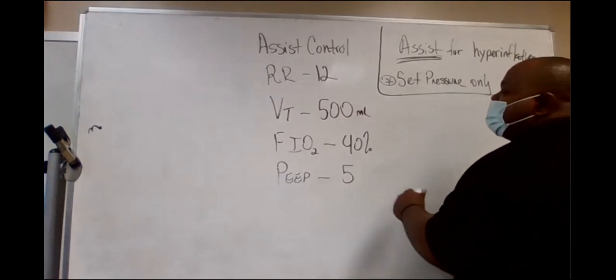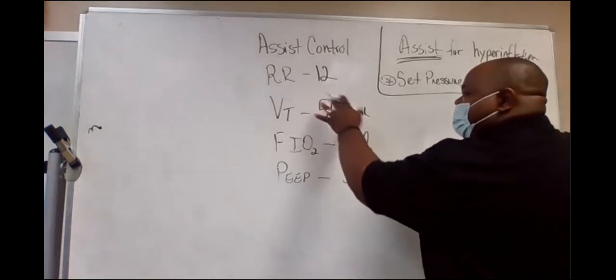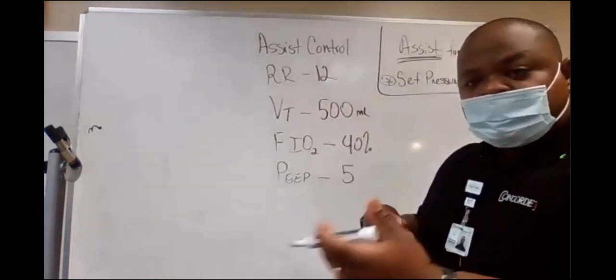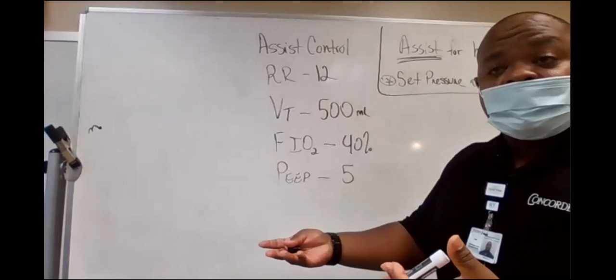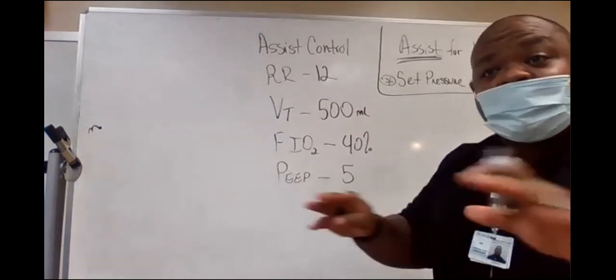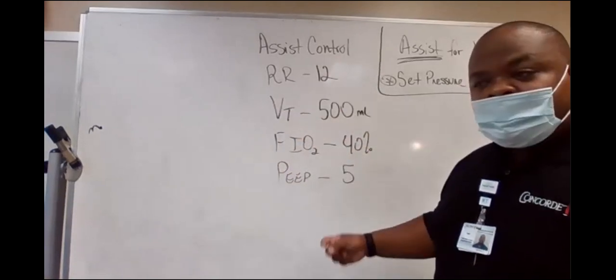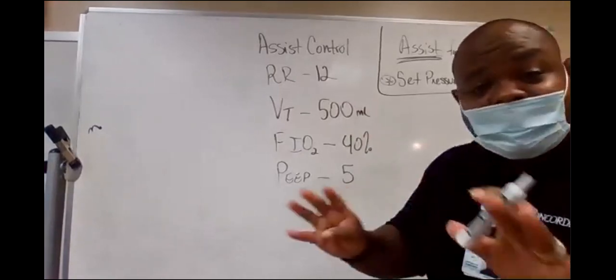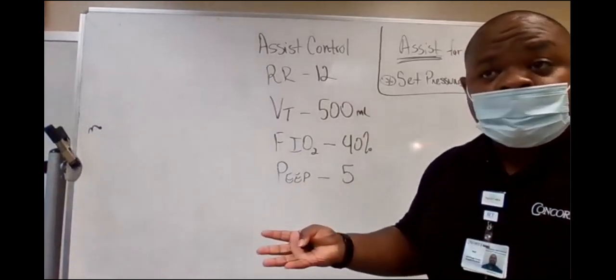Now, if the patient triggers more breaths in assist control, it will let you trigger some more breaths, okay? That lets us know that the patient is waking up, right? Because when they were knocked out, this is all he was doing. You look at the machine, I got him set at 12, and all he's doing is 12. That means he's not breathing over the machine at all, okay?